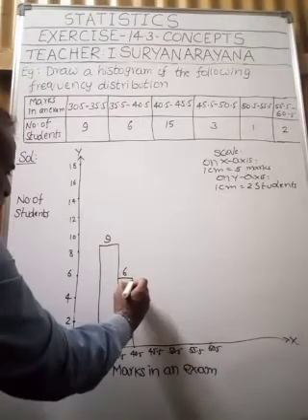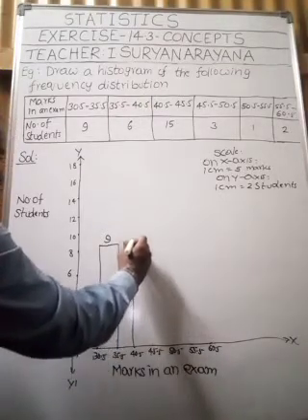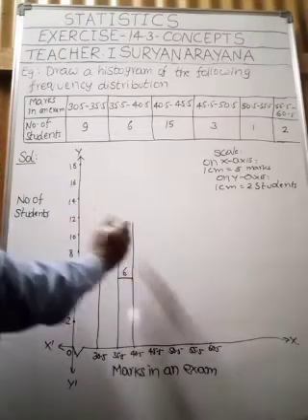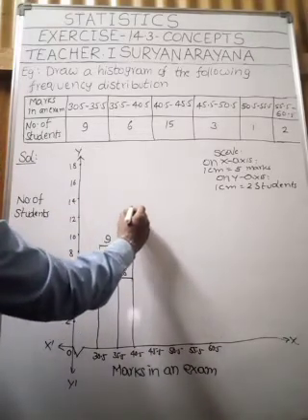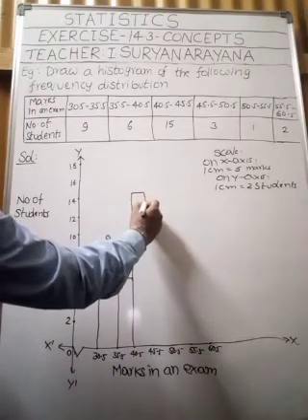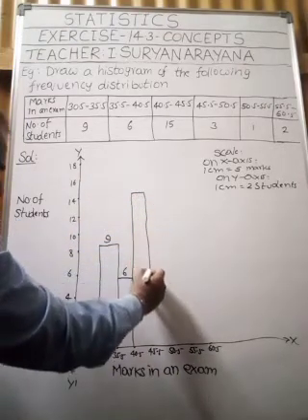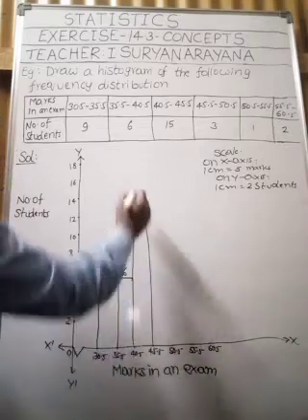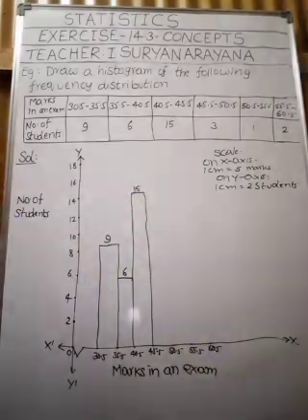So it lies between 14 and 16, just the midpoint. Understood this bar, my dear children?